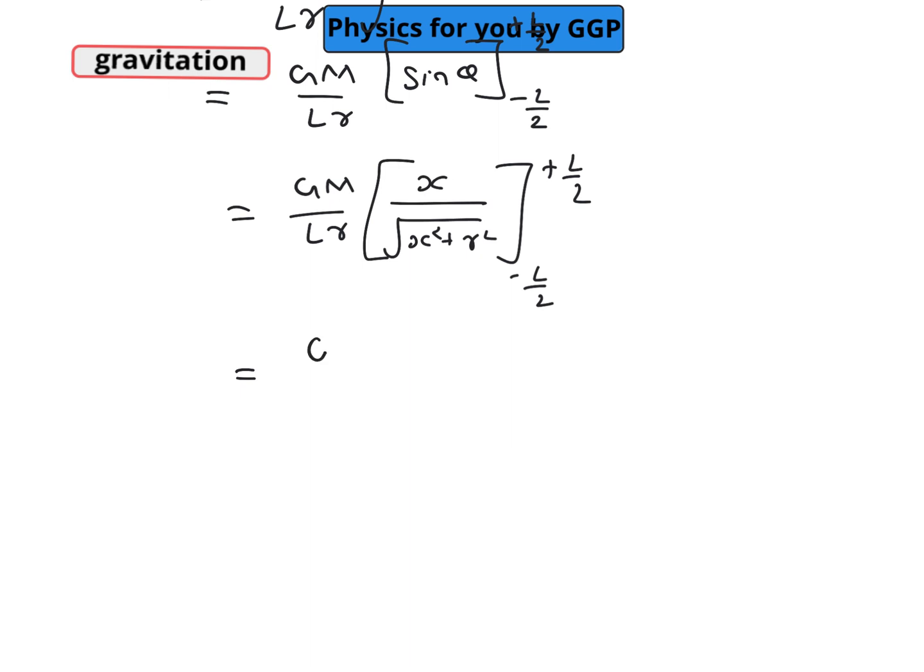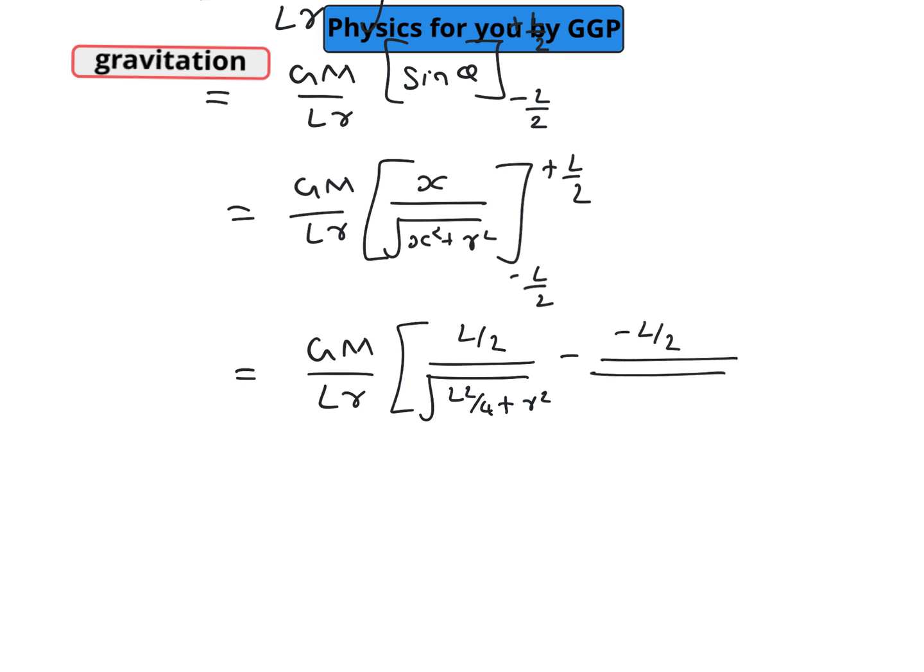Putting the limit, we get GM divided by L r into L by 2 divided by under root of L square by 4 plus r square, minus minus L by 2 divided by under root of L square by 4 plus r square.